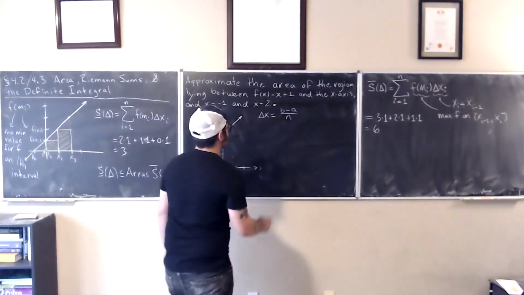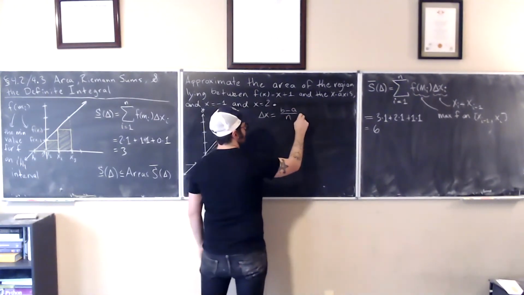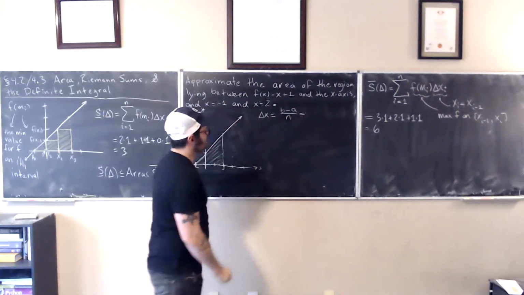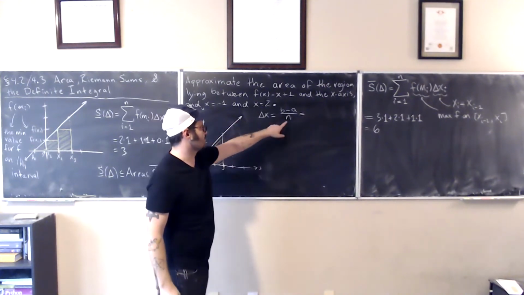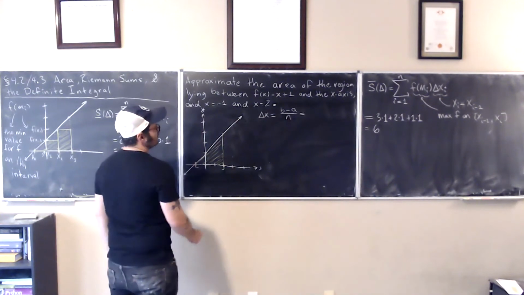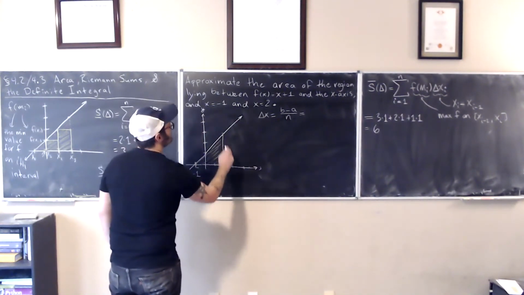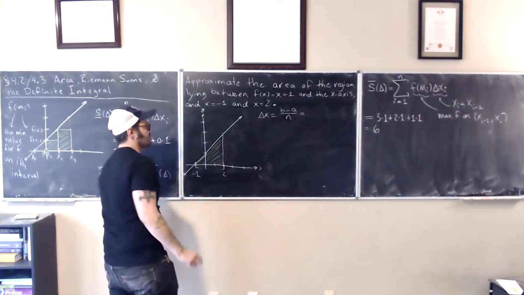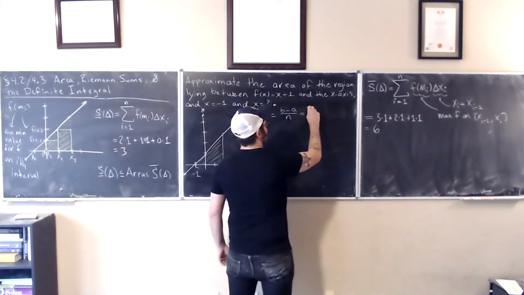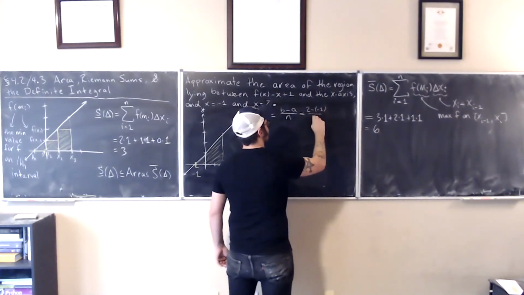Okay, so our change in x, if we choose it to be equal throughout, is equal to this. So what is a? a is -1, b is 2. So we have 2 minus -1 over n.